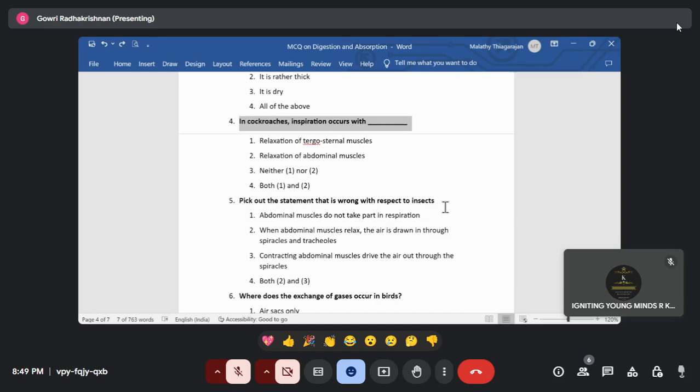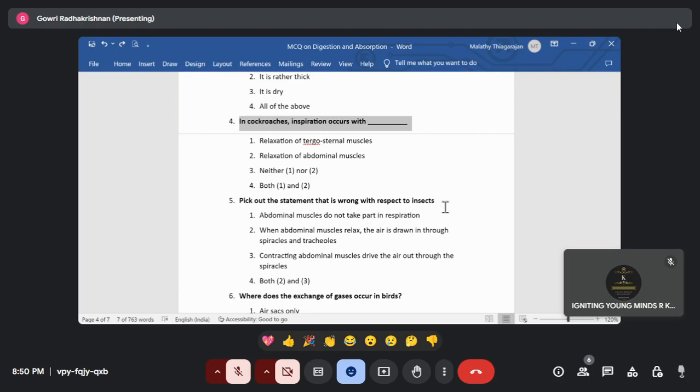So, exchange of gases and respiration occurs through this. Inspiration occurs through the relaxation of sternal muscles and relaxation of abdominal muscles in cockroaches. So, it's option 4, both 1 and 2.